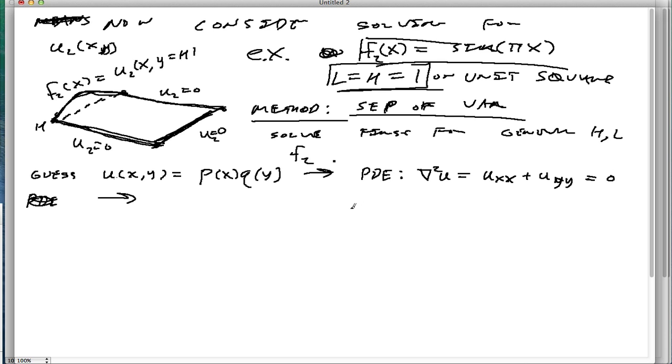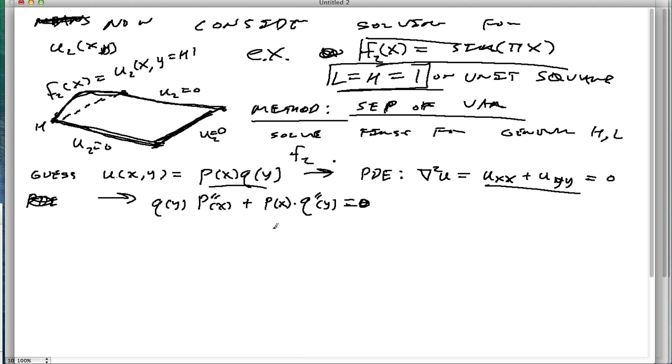So we want to find functions of that form. If we plug this in, we get q of y times p double prime of x plus p of x times q double prime of y is equal to 0. That's just plugging u into this PDE and setting it equal to 0.